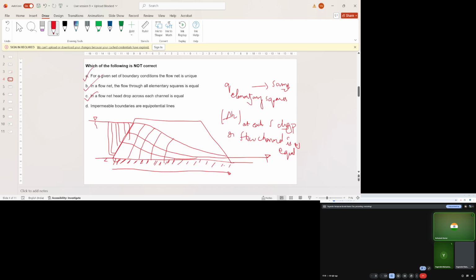Even though it is an impermeable boundary, it is the last flow line of this flow net. So that tells us what? Impermeable boundaries need not always be equipotential lines. It can also be a flow line. So the statement which is not correct is option D. Any doubts? No, sir.